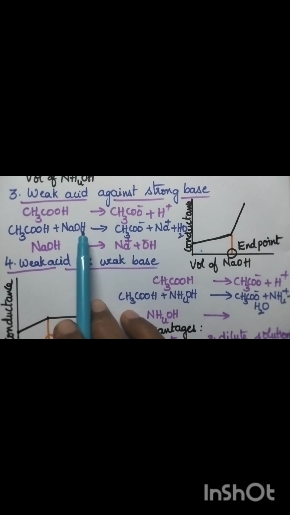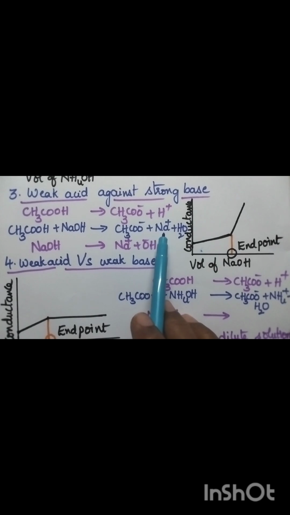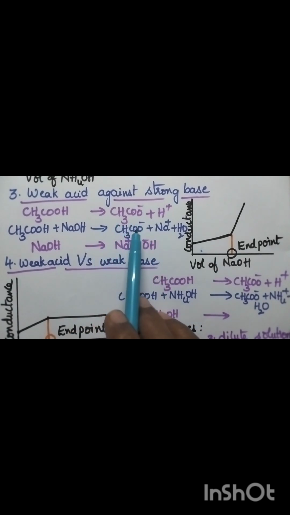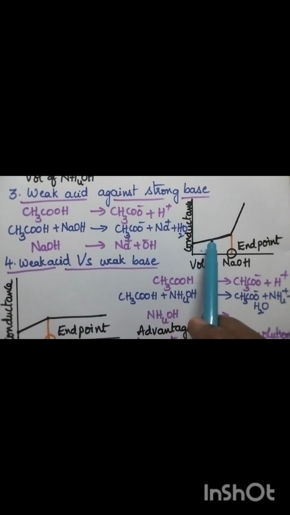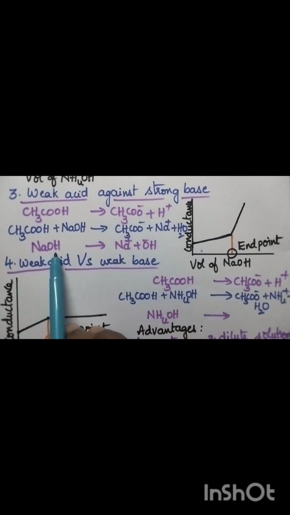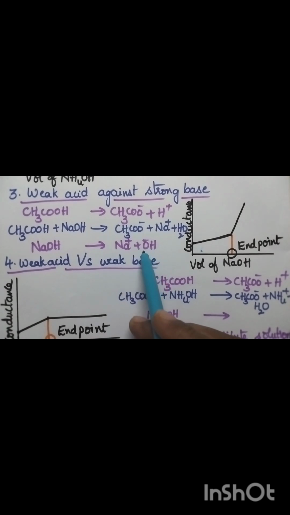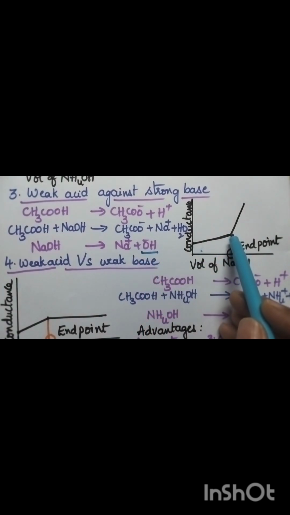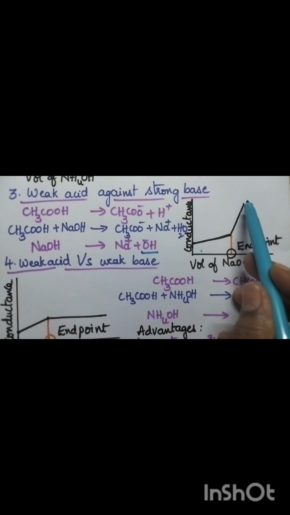It releases more and more Na+ ions and also facilitates the dissociation of acetic acid, hence slowly the conductance increases. After reaching the end point, if we go on adding NaOH, it dissociates completely and releases fast moving OH- ions, hence there is a steep rise in the conductance.